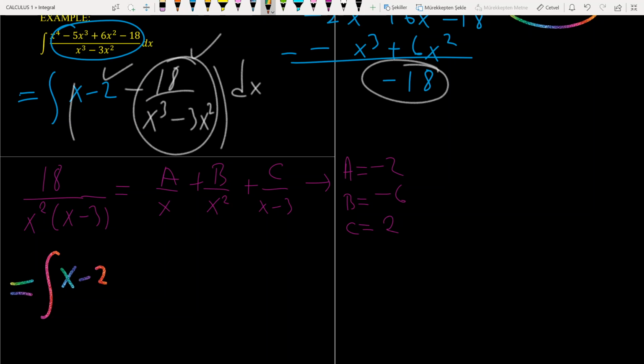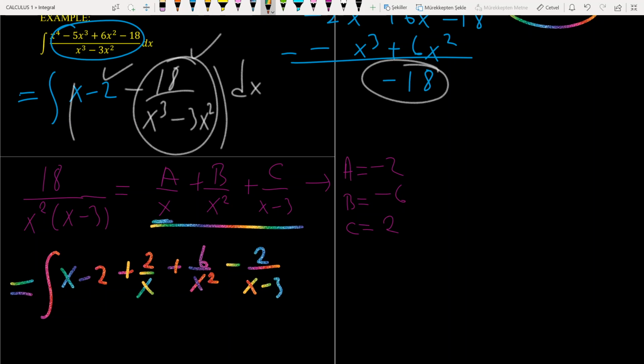Okay, instead of 18 over x squared times x minus 3, or x cubed minus 3x squared, we have this summation, which is minus 2, minus becomes plus 2 over x, this one, B is minus 6, minus plus 6 over x squared, and C is 2, it becomes minus 2 divided by x minus 3, dx. Okay, very easy question.